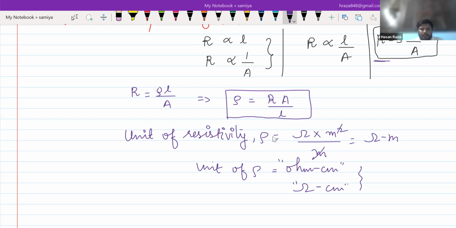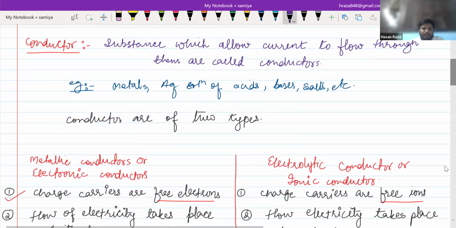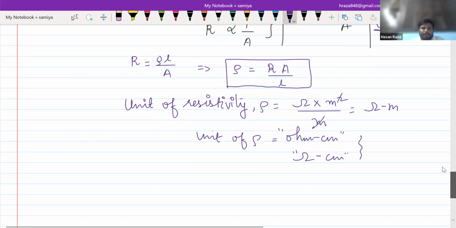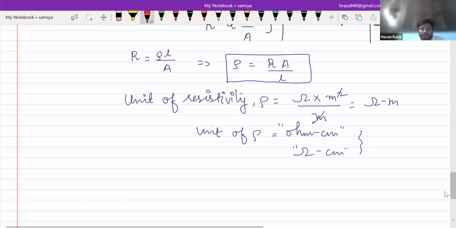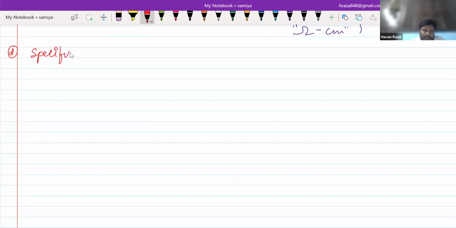Okay, let's go. Now this next term, this was basically B, C, and then D. Specific conductance, and we also call it conductivity, and we denote it by kappa.